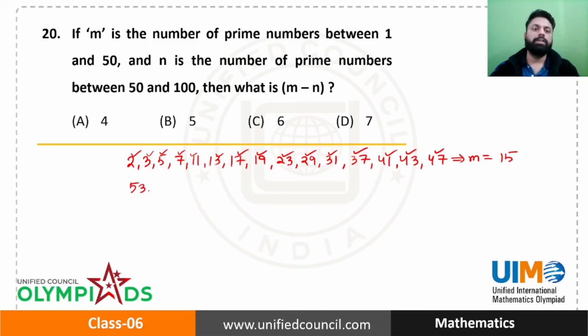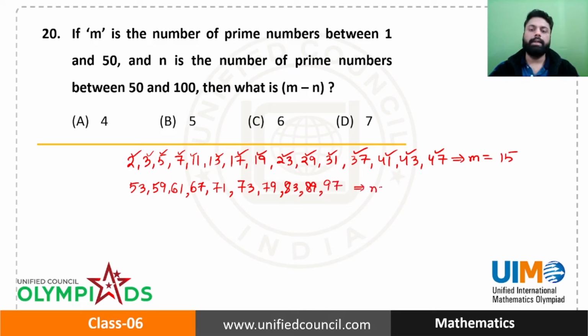So this is 53, then we have 59, then 61, then 67, then 71, then 73, then 79, then 83, then 89, then 97.